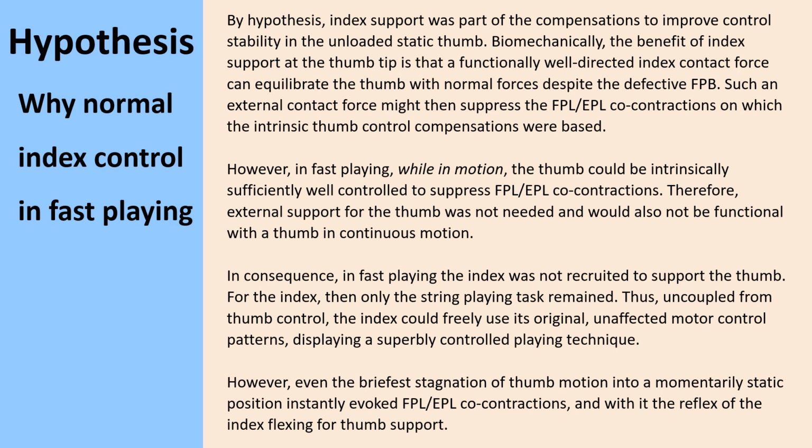Thus, uncoupled from thumb control, the index could freely use its original unaffected motor control patterns, displaying a superbly controlled playing technique. However, even the briefest stagnation of thumb motion into a momentarily static position instantly evoked FPL-EPL co-contractions, and with it the reflex of the index flexing for thumb support.